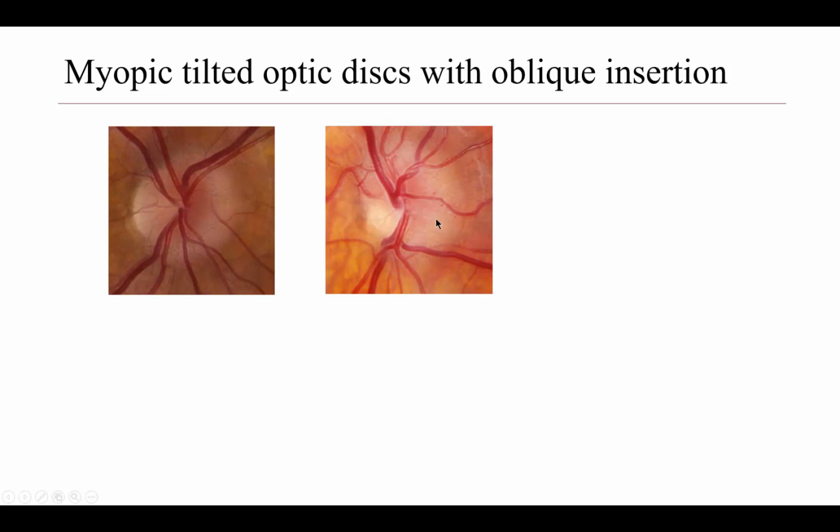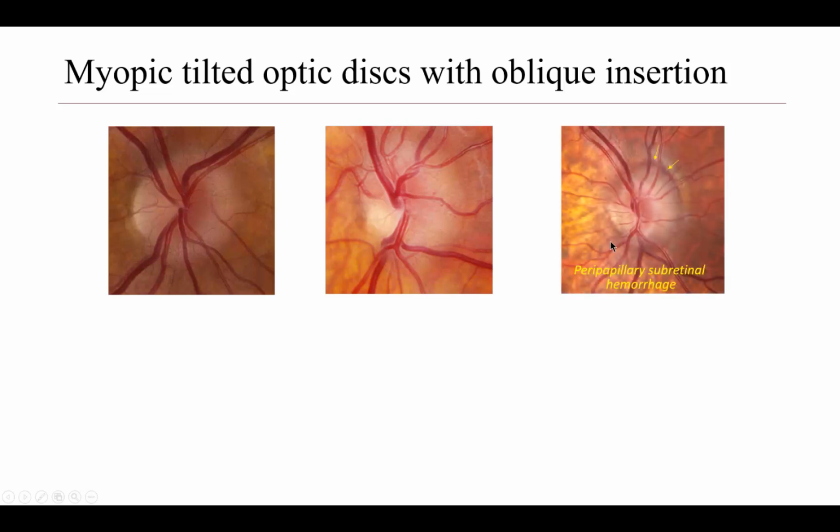Now, what makes these discs particularly confusing is the occasional occurrence of a spontaneously acquired, asymptomatic peripapillary subretinal hemorrhage, almost always located nasally or superiorly.